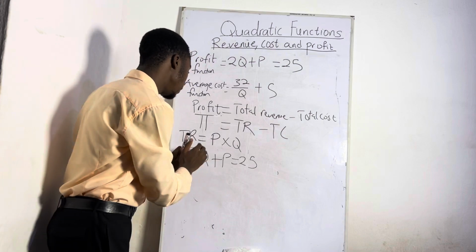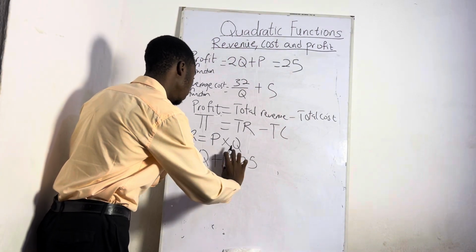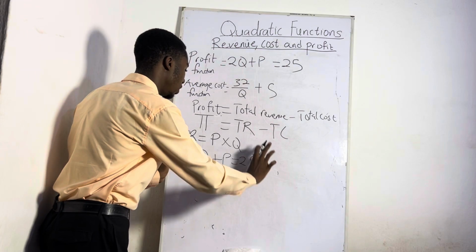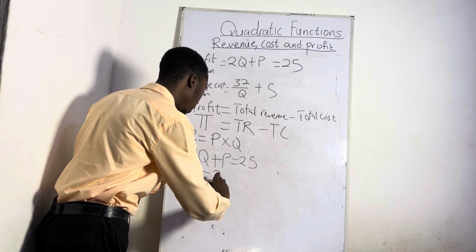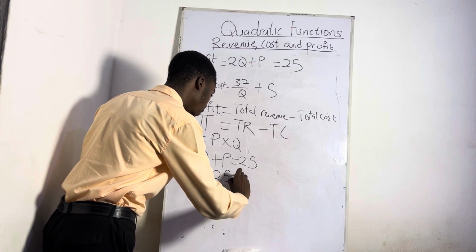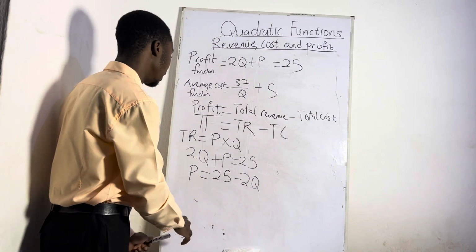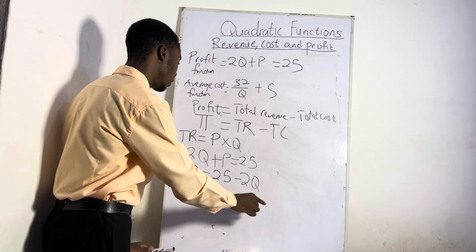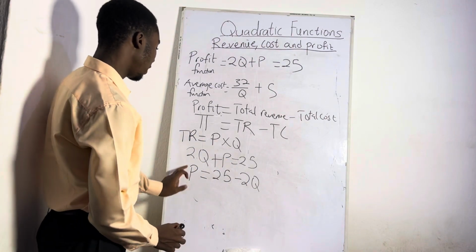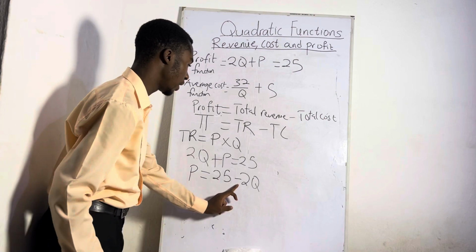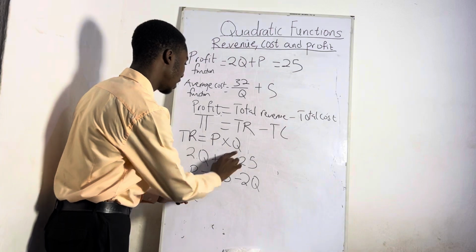So if 2K plus P is equal to 25, I can bring P to this side and send the 2K to the other side. So P will be equal to 25 minus 2K. I've just made P the subject, the price. Now if my price is equal to 25 minus 2K, to get my total revenue, I can just multiply my price times the quantity.